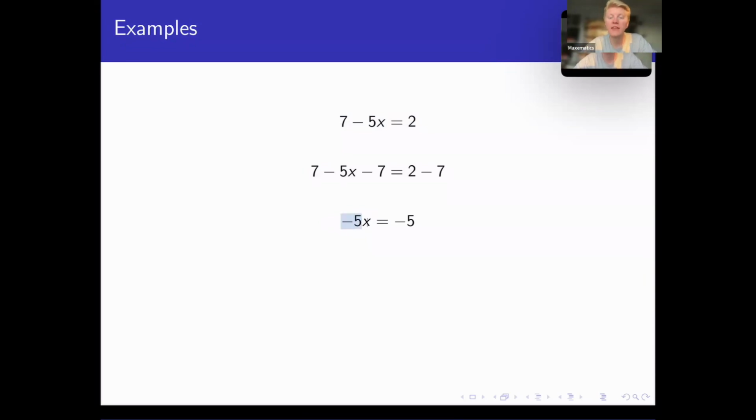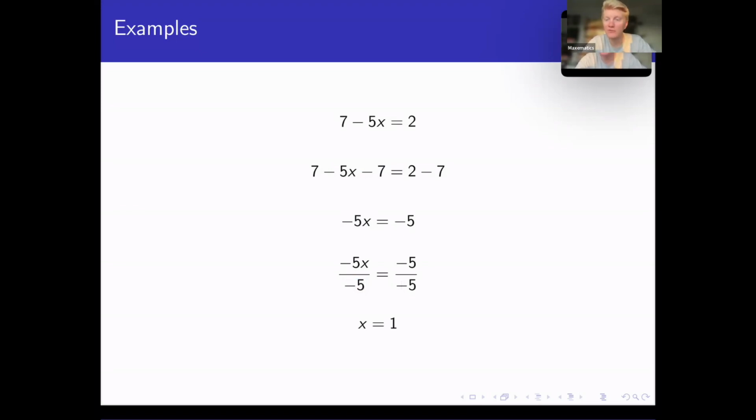But to undo negative 5 times x, we need to divide both sides by negative 5. So again, please be very careful, because in 7 minus 5x, 7 is being added, we have to subtract it. Negative 5 is being multiplied, we need to divide it. Well, negative 5 divided by negative 5 would just be 1. And same thing over here, negative 5 divided by negative 5 would be positive 1.